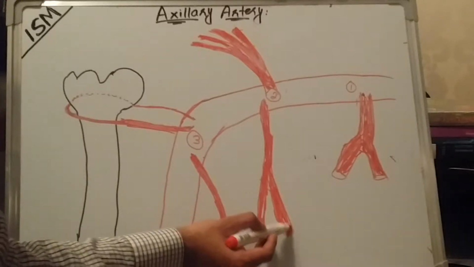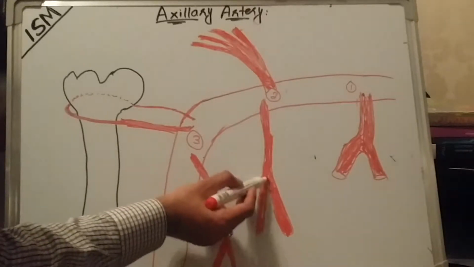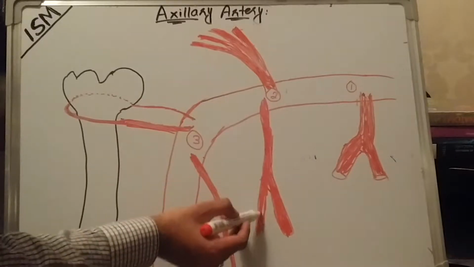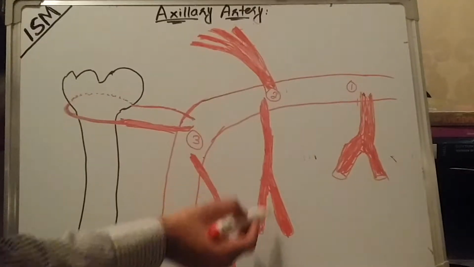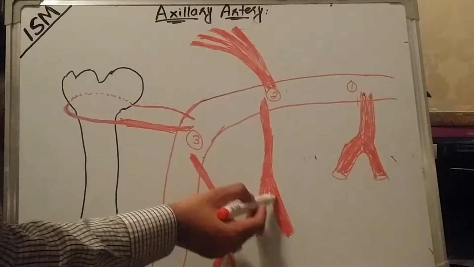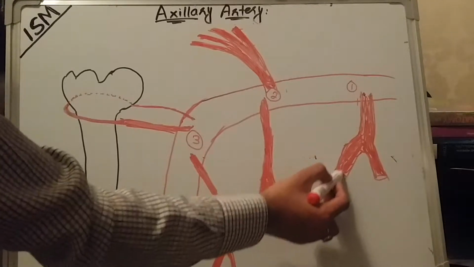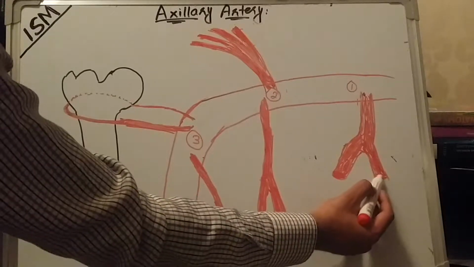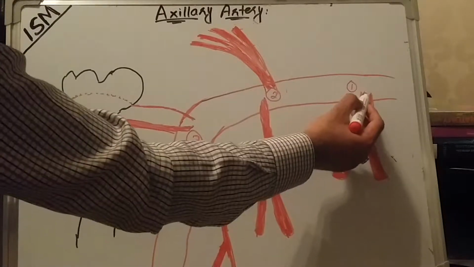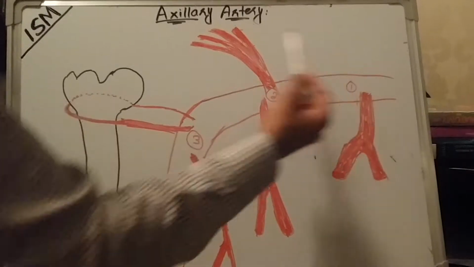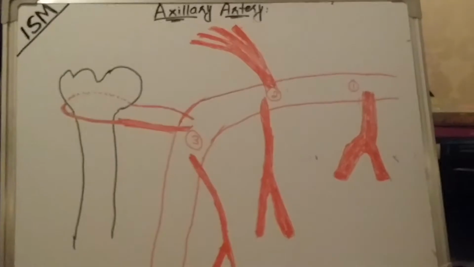Some give their branches to the scapula, some to the dorsal side of the scapula, some to the lateral side of the scapula, and all these arteries provide blood supply to different parts of the body including the bones, muscles and organs. So I will write the names of these arteries.